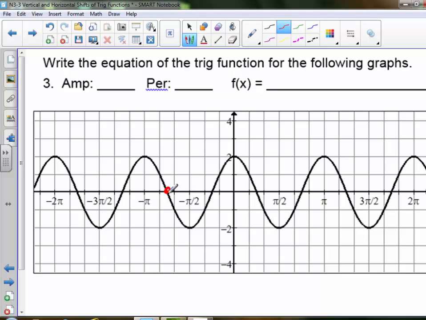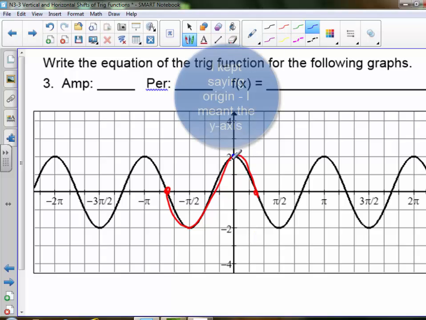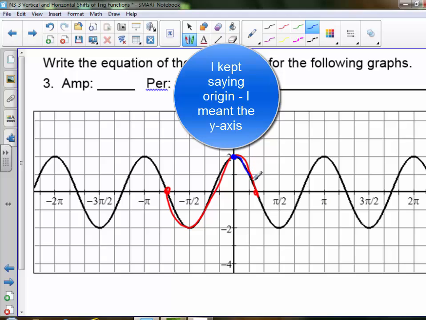If I started here and went to here, you can see that there's a sine graph there. But if I started at the origin and went to pi, you can see a cosine graph.